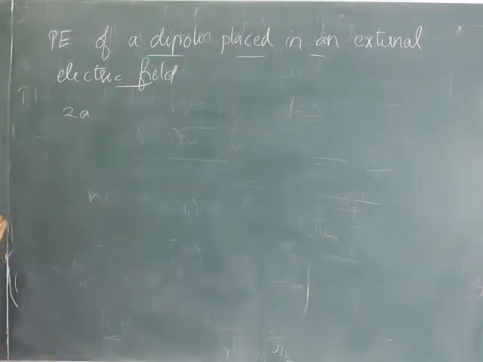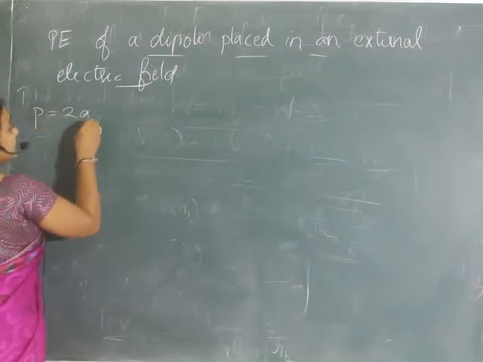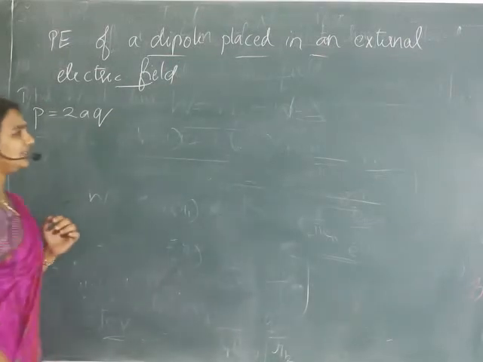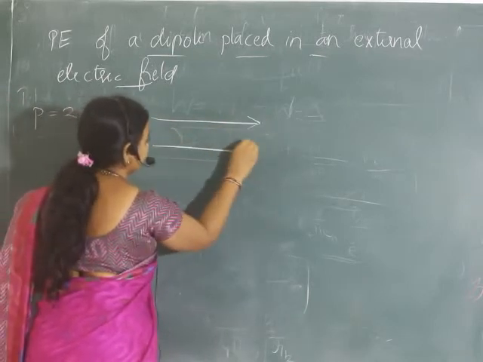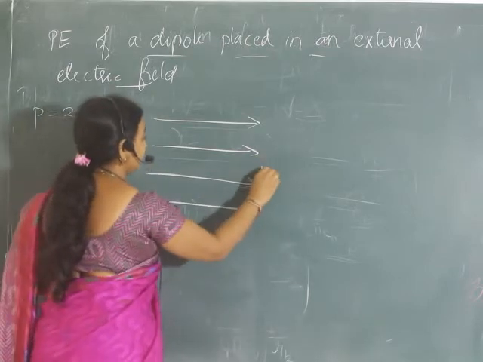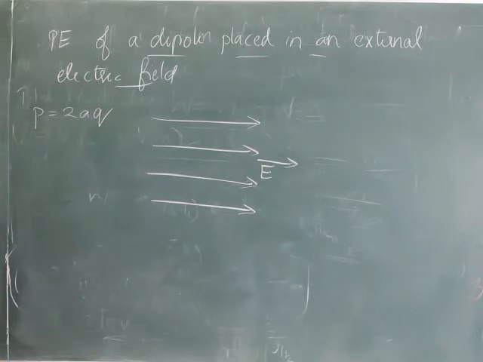So let us consider a dipole with the charges plus q and minus q, and the dipole moment P is equal to 2aq. Let us place this dipole in a uniform electric field. Okay, the uniform electric field is in this direction.